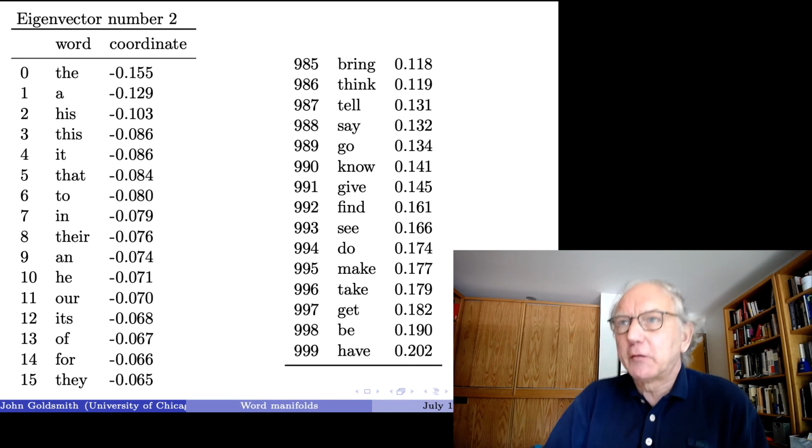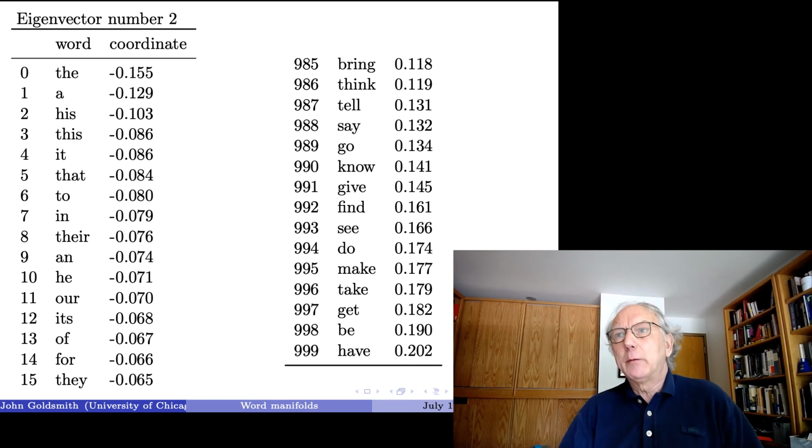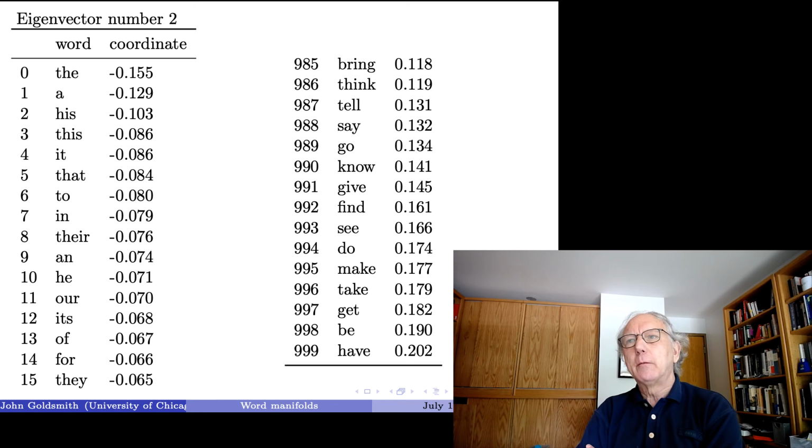Here's eigenvector number 2. And what do we see here? At one end, you've got the words the, a, his, this, it, that, to, in. Okay, so what do we see? In the first 4 items, we see words that could begin a noun phrase.